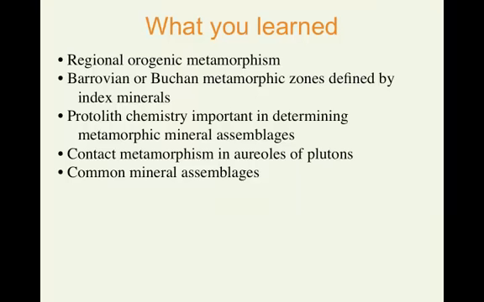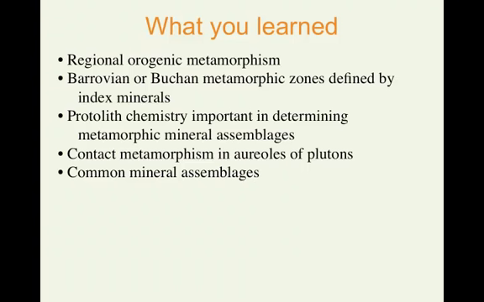Okay, what you learned in this module was about regional metamorphic processes in collision zones, that the Barrovian and Buchan metamorphic zones within these regionally metamorphosed rocks are defined by a set of index minerals that on their appearance defines a new higher grade zone, and that the lower grade minerals can persist for some time.